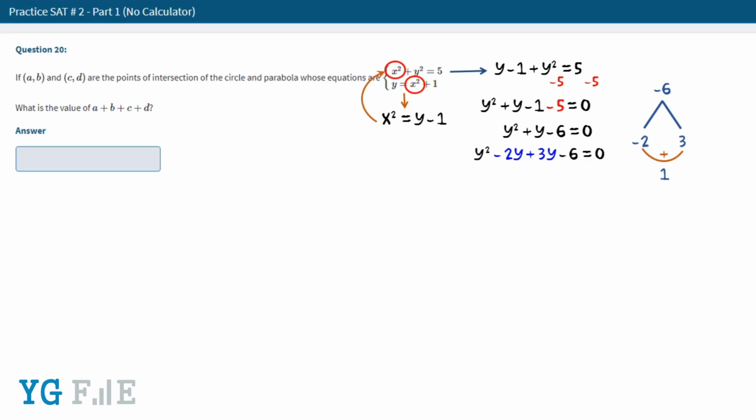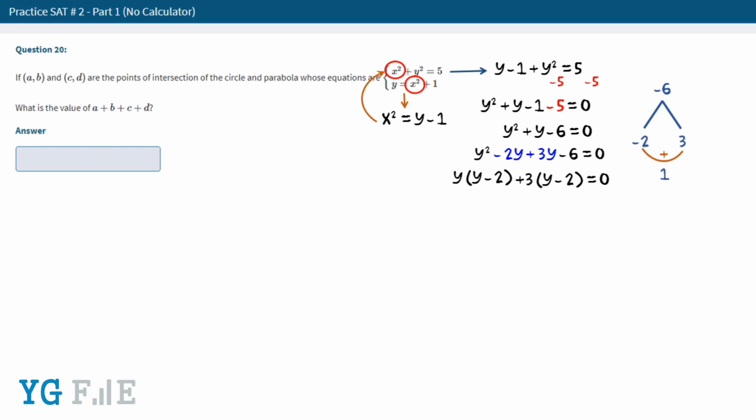So now we need to factorize this quadratic equation. The first two terms have a common factor y, so we can factor out y, so we get y times y minus 2. And the common factor of the last two terms is plus 3, so we can factor out the plus 3, so we get this equation.